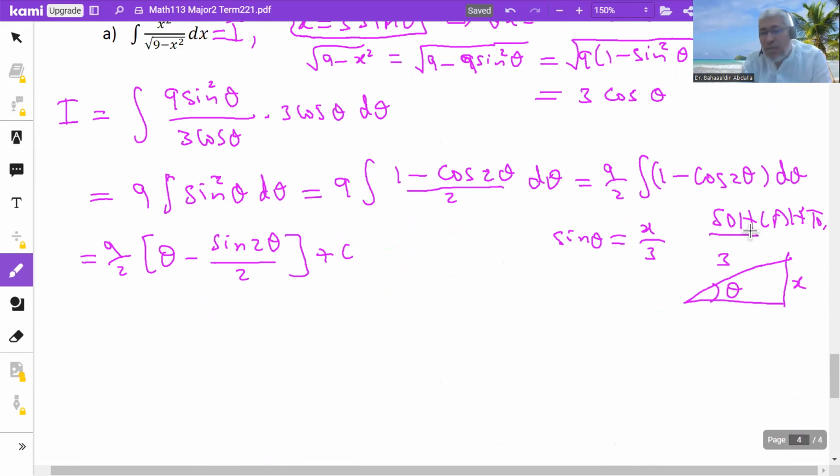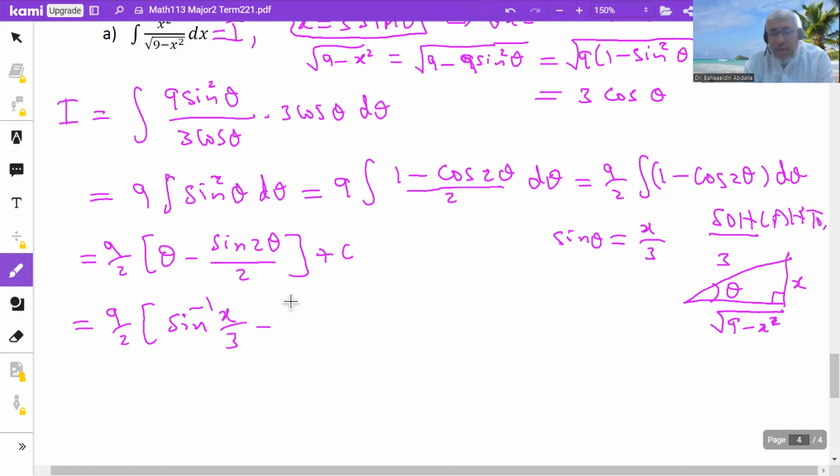To find the adjacent, the largest side here is the hypotenuse. So I square 3, which is 9, minus x squared, using the Pythagorean theorem. Now to change back to x, sine theta is x over 3, so theta would be sine inverse of x over 3.